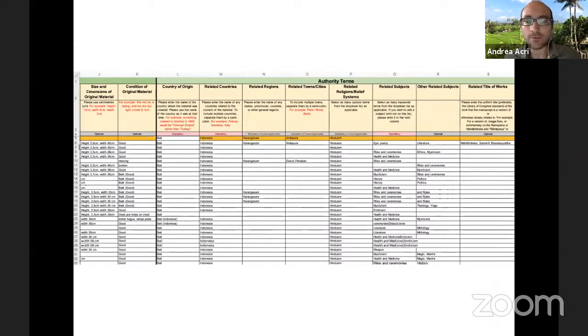So there is no such thing as Indonesia, of course, in the pre-modern period. So we cannot use that. We use Bali, and then we put associated country, Indonesia. Now the related regions are the regional parts of Bali. Then the related towns and cities, and the part on the religions and belief systems, and related subjects.